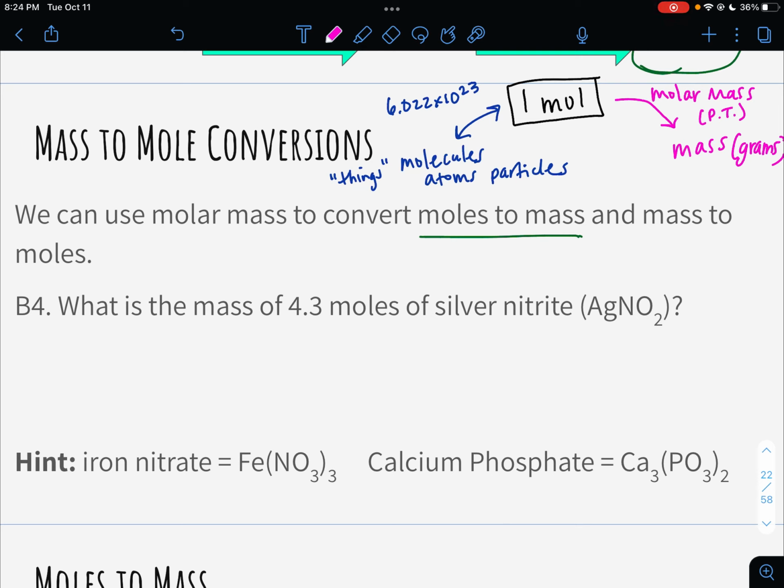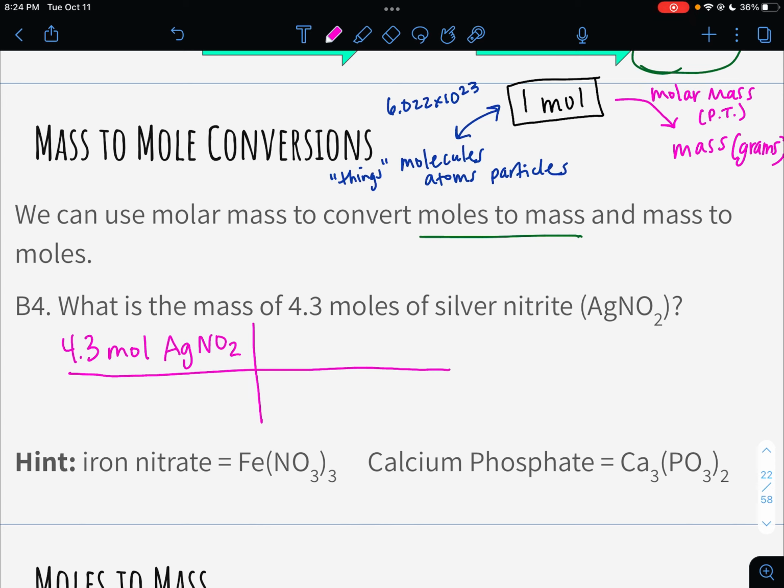For this first question, it's asking us to find the mass of 4.3 moles. We always start with whatever we're given. Then I'm just going to set up my train tracks.